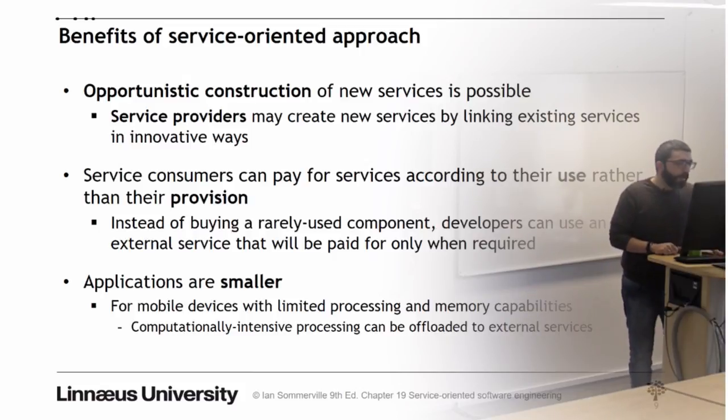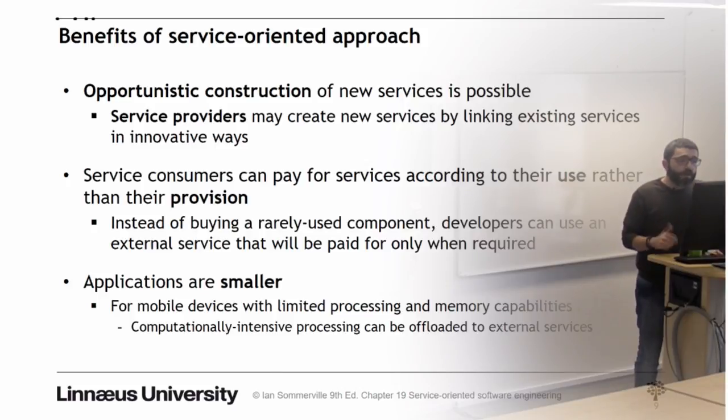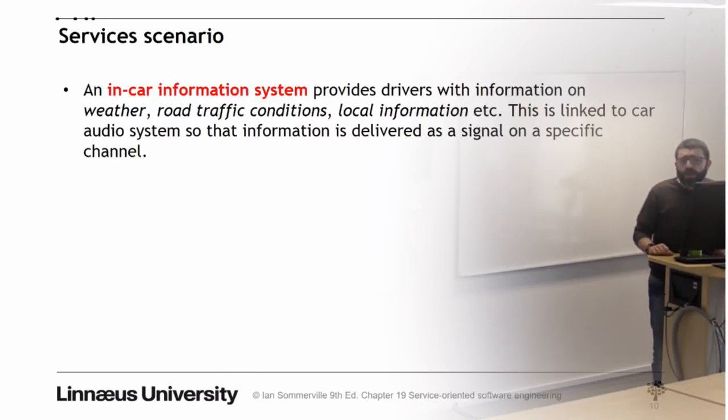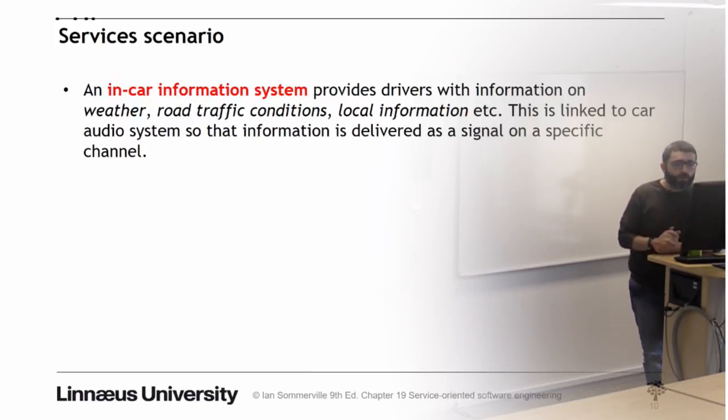So let's see a first example, just to understand why services are important and how we can benefit from this new architecture and paradigm. Let's suppose we have an in-car information system that provides drivers with different types of information about the weather, the road traffic conditions, or some local information, for example, about restaurants or hotels, and so on and so forth.